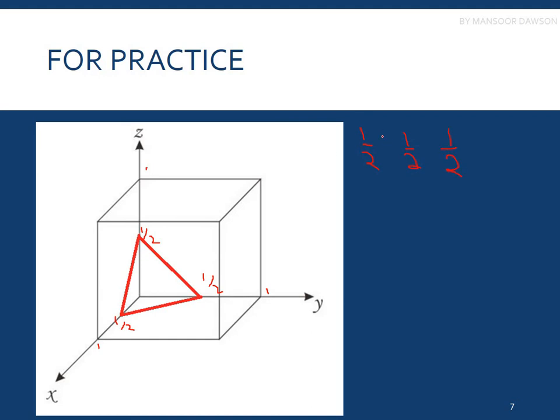The first step is identifying the intercepts. Then we take the reciprocal of it, which will be 2, 2, and 2. And then we simplify it with the smallest number, that is 1, 1, 1, taking 2 as a common factor. So (111) is the Miller index for this example.